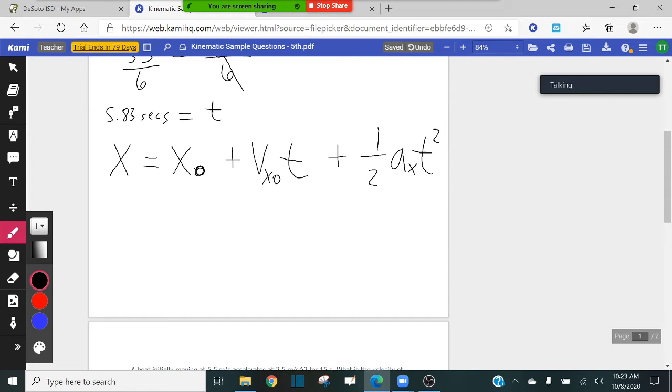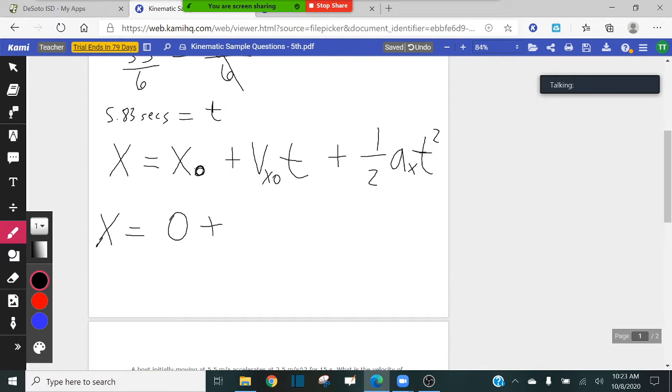Okay. So now, guys, let us plug everything in to solve for our final position. By the way, guys, in the problem, if you're not given an initial position, then just assume the plane starts from the origin. It starts from an initial position of 0. If you're not given an initial position, just assume the initial position is 0.